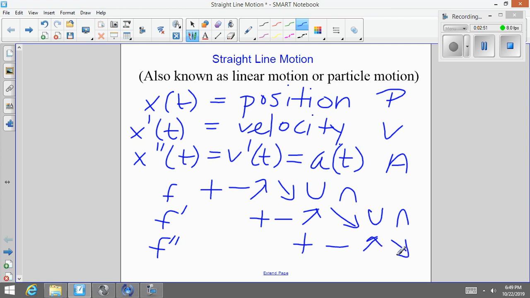So instead of the F, F prime, F double prime, just think of it as position, velocity, acceleration, PVA. All right, let's look at some examples.